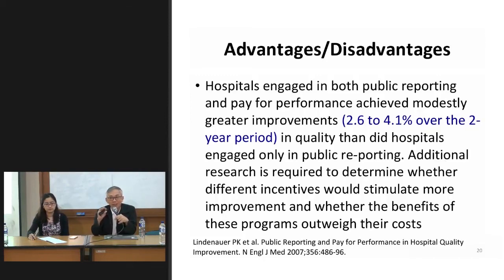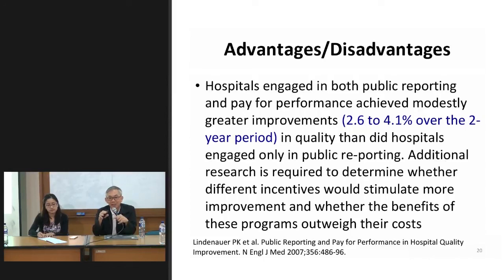So there was a move that hospitals should publish how many patients die in the hospital and compare between hospitals, so patients can choose where to go for this kind of surgery, because the mortality rate is lower. So this is public reporting.